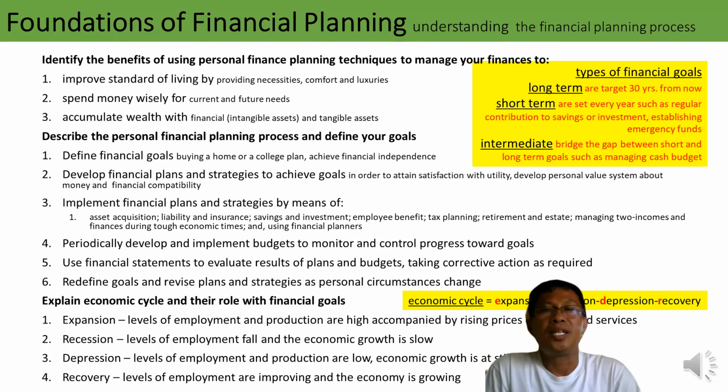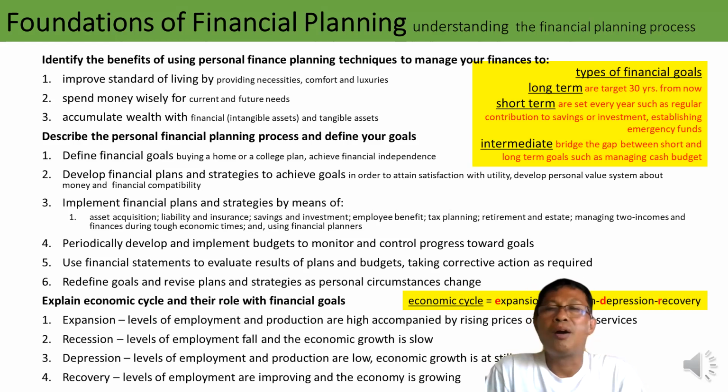It is a target 30 years from now. So if you are 18 years old now, plus 30, who will you be? What will your financial status be at 48 years old? Can you imagine how financially stable you are at the age of 48? That will be a long term.